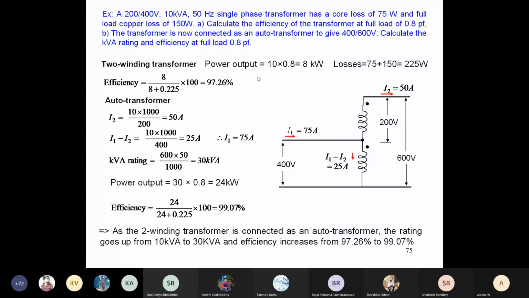You join the coils, because in an auto transformer there is a physical connection between the coils. It is very difficult to change the core because it is heavy, so you just play with the winding connections.